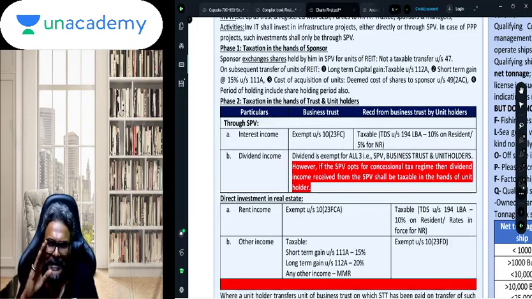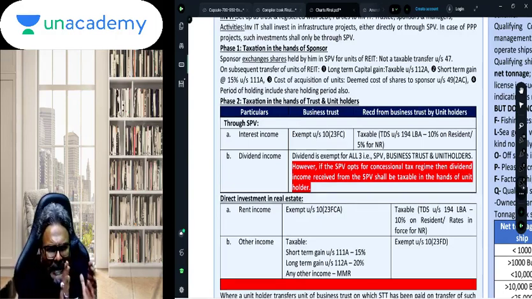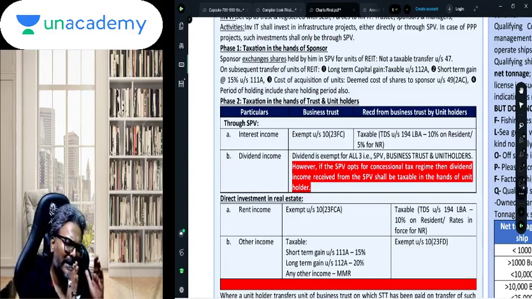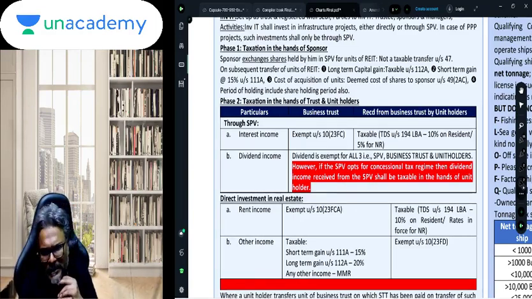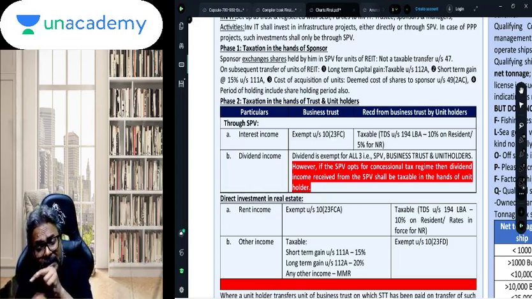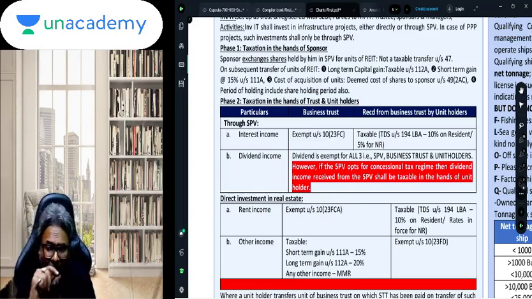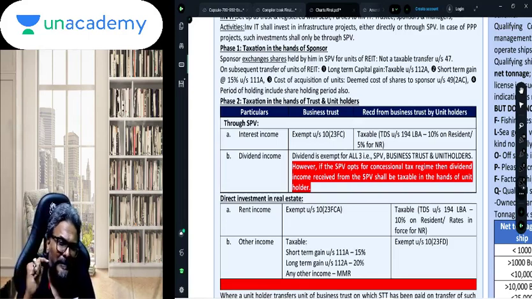So it is neither an income received from the SPV nor is it in the nature of rental income, and therefore we will categorize this as the other income. And on the other income, students, as you all are aware, you will first check if there is any special rate of tax that is applicable. If there is any special rate of tax, then on the other income, the trust REIT will be assessable as per the normal income.